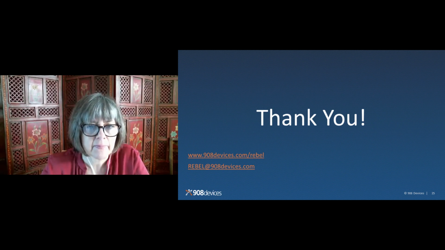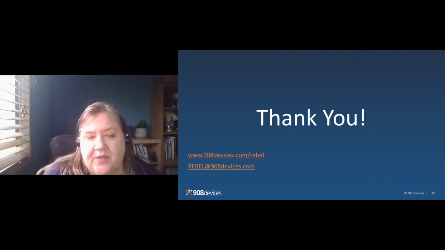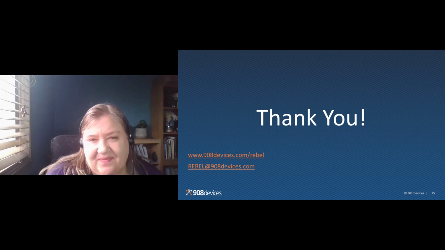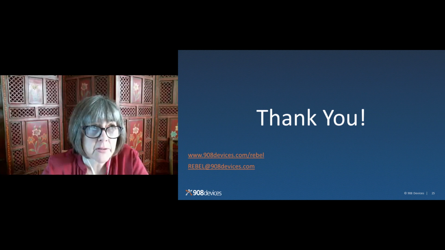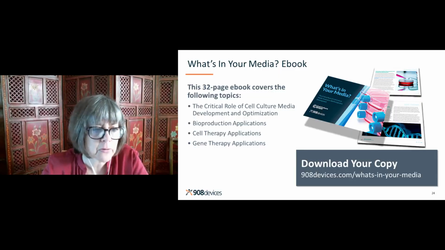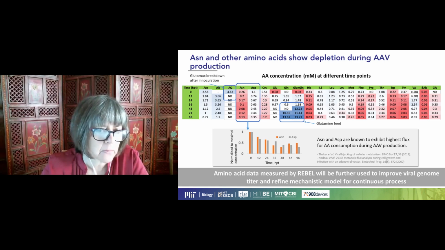And what is the most important amino acid that needs to be optimized for adenovirus production in the HEK293 cell line? So I believe we had an example here from the MIT team. We saw 2 examples of 2 amino acids that are very important. So I can go back to that. And it's been demonstrated already.